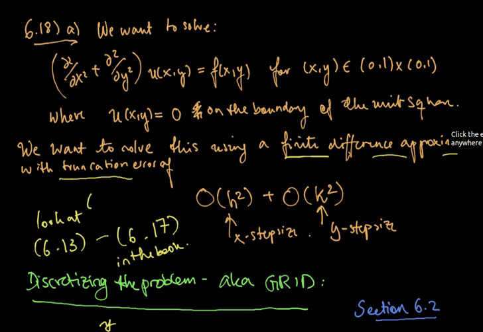In the next video we will talk about what happens when we take our finite difference approximation, which will remind you very much of formula 617, and translate it into a matrix system.